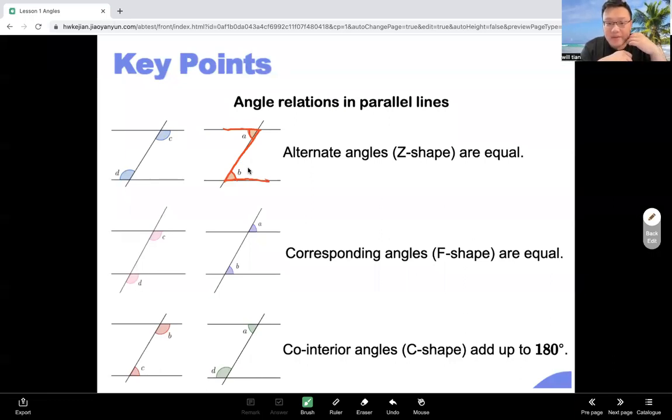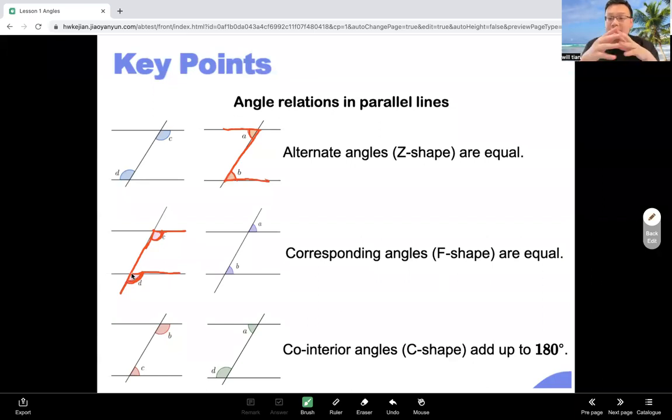And the second one, we call corresponding angles. The setup is the same, formed by two parallel lines and another line crossing these two. You have these two angles here, which look like a letter F. In the F shape, these two angles equal each other as well.